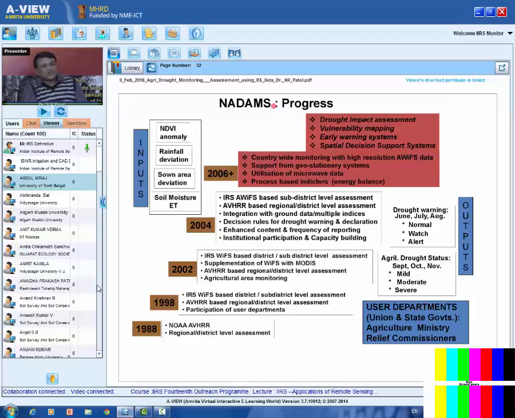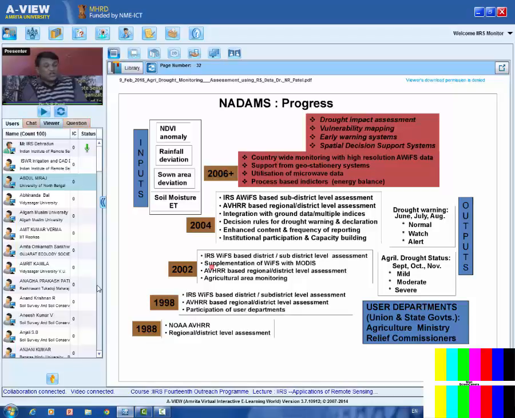Now a separate center, the Mahalanobis National Crop Forecast Center, has the mandate of operationally monitoring agriculture drought. It has been institutionalized by ISRO with the task of operational drought monitoring. Now, how has the technology evolved in the NAGMAS program?